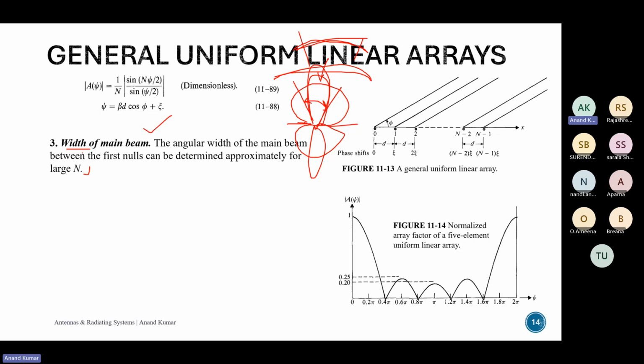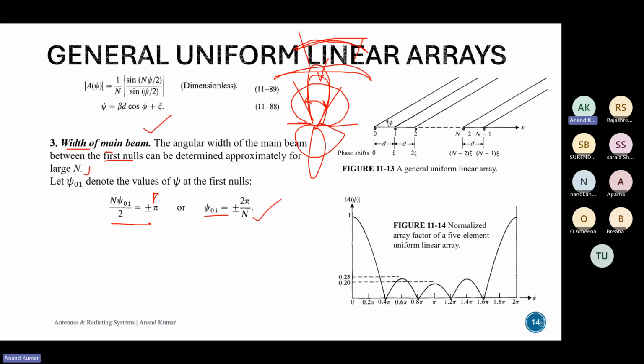Now, beam width can be calculated by just taking the difference between the first nulls. In the previous slide, we did calculate the location of the first nulls, where for k equals 1, we have n psi 0 1 by 2 equals plus minus pi, which implies psi equals 2 pi by n.